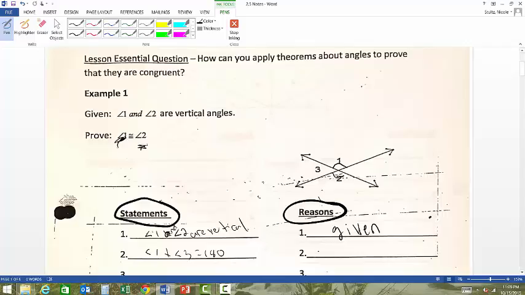And the reason I can do that is because those are supplementary angles. I can see that from the picture. Some people also will write because they are a linear pair, which means they make a straight line. So either reason would be appropriate for this case.